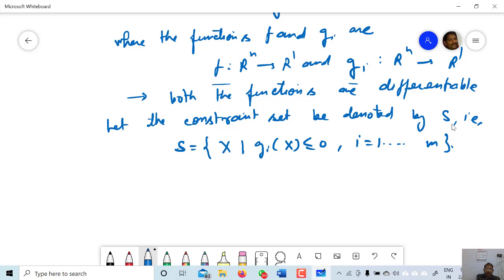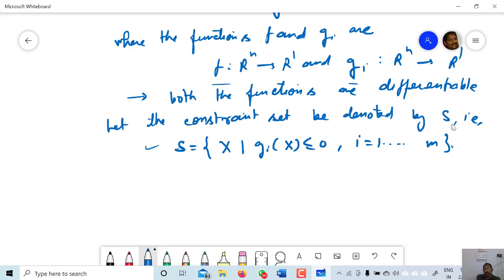So this is a constraint, and if this constraint is satisfied, then we say that it is a constrained optimization problem. So based on this particular constraint set, we optimize the given problem, okay.